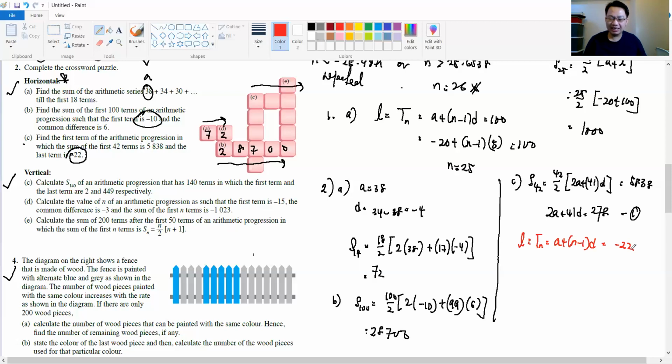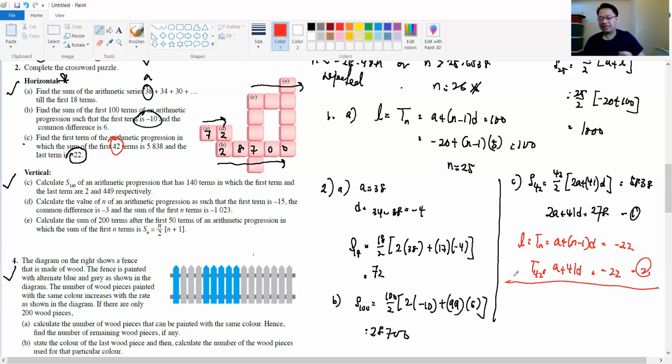Guys, okay. So we know that the last term for this sequence is the 42nd. We got 42 terms, right? So the last term is n equals 42. So T42 equals A plus 42 minus 1, 41 d, again equals negative 22. This is your second equation.